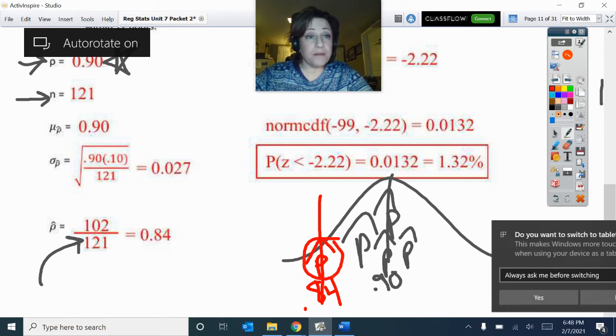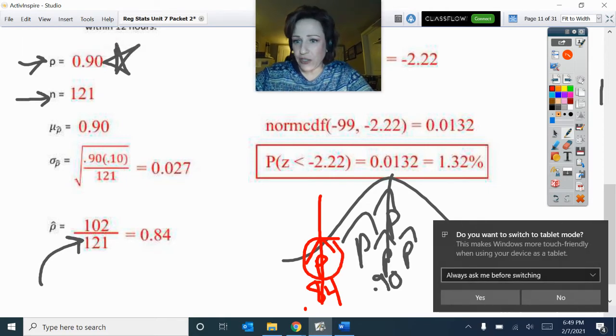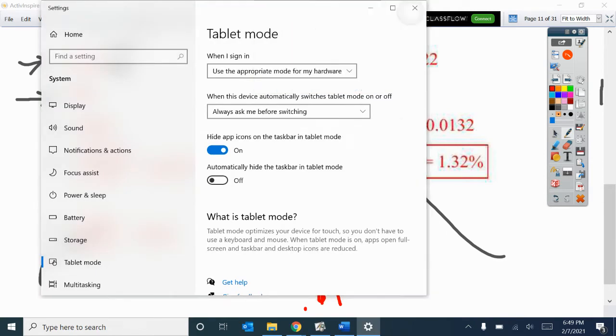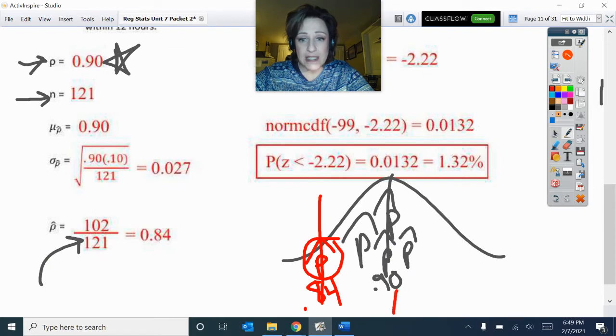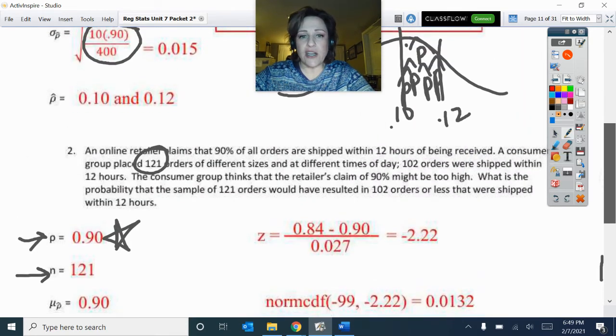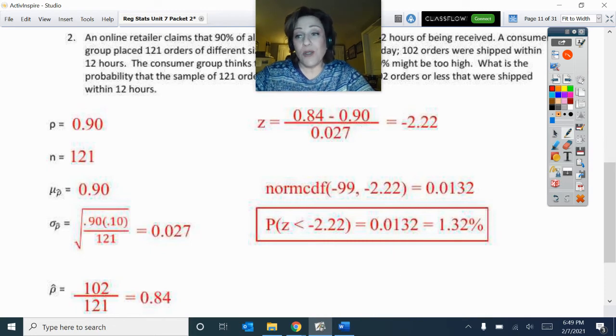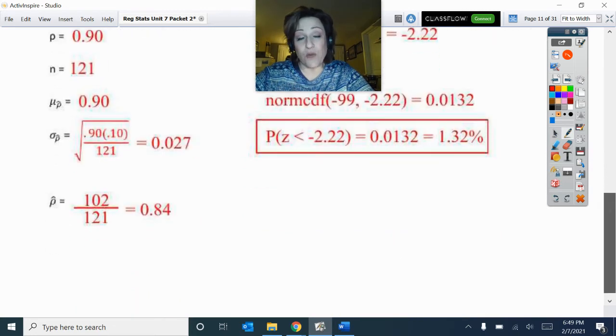If the data is truly centered around 90%, then this is very unusual to have gotten, because you can see our z-score is 0.84 minus the 0.90 over that standard deviation, which was 2.22 standard deviations away.